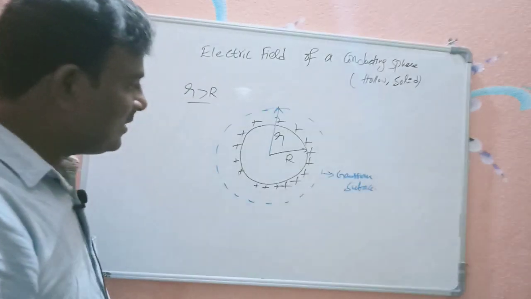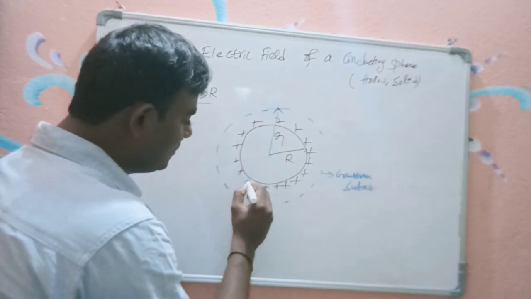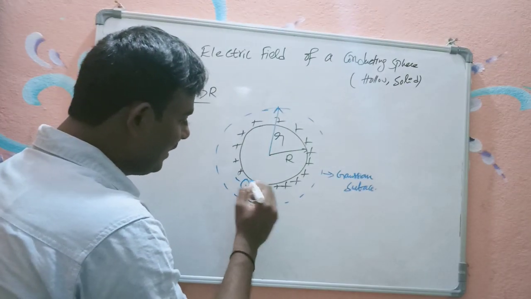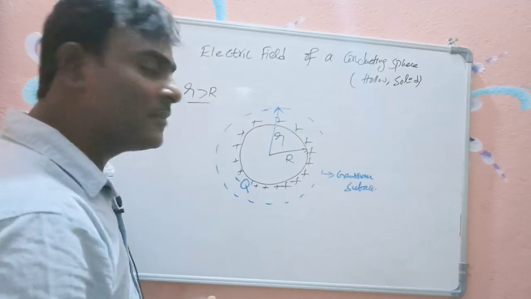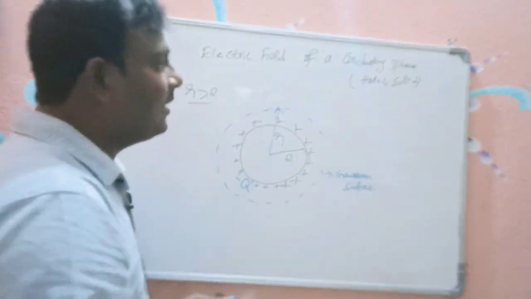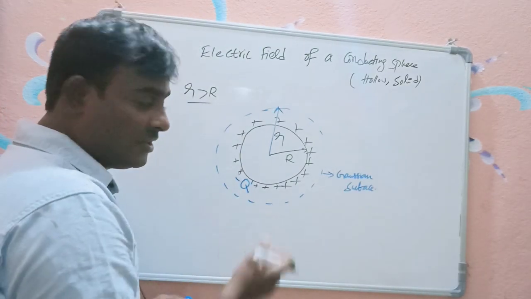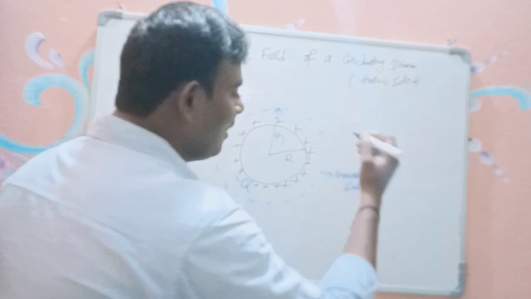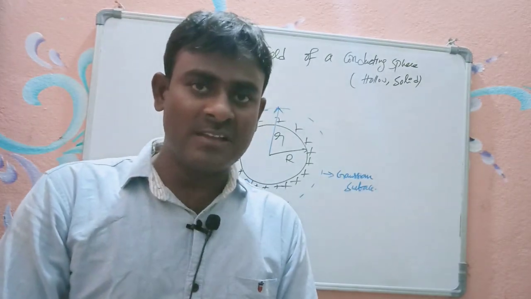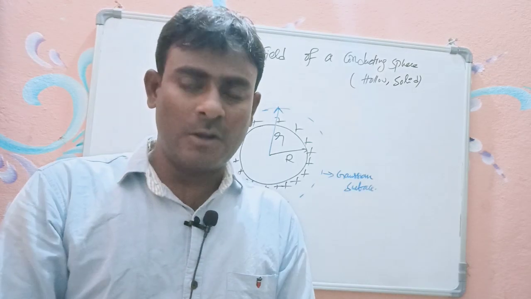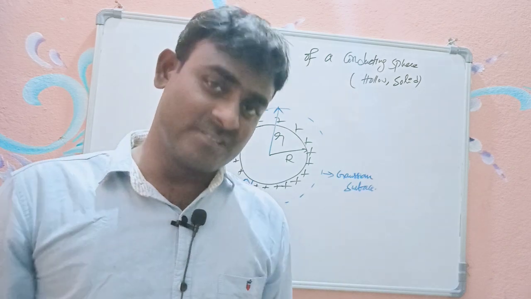Now, how to find the field due to this? If I assume the charge Q is distributed uniformly on the entire surface of the solid conducting sphere, how can we apply Gauss's law? What is Gauss's law? Gauss's law states that the total charge enclosed in a closed surface is equal to the total flux leaving the closed surface.